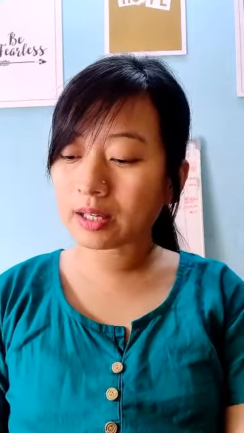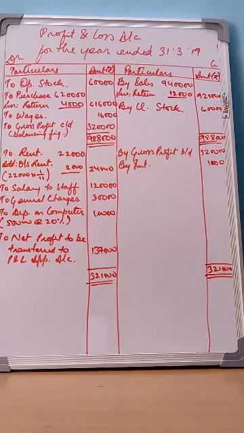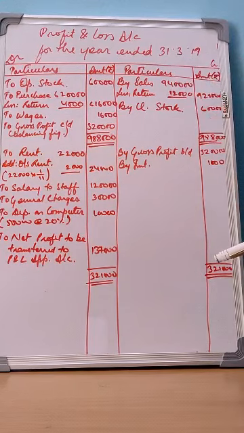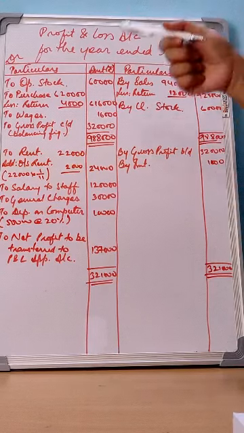Then the credit balances: sales 9,40,000, return outward 4,000, sundry creditors 43,000, interest 1,000, Aarti's capital 3 lakh, Bharti's capital 1,50,000.